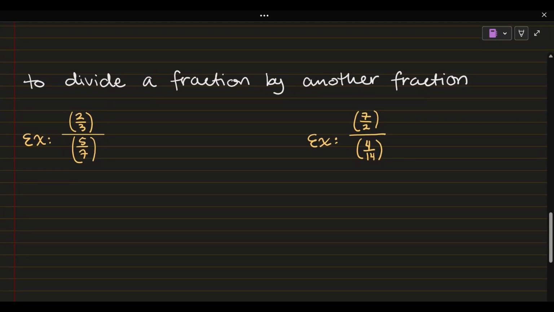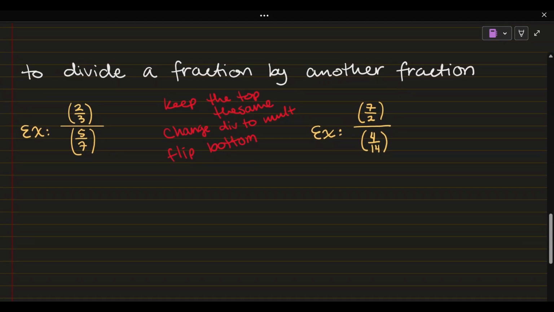So you may have heard of the saying keep, change, flip. And what that means is keep the top fraction the same. So keep the top the same. Change the division to a multiplication and flip the bottom one.